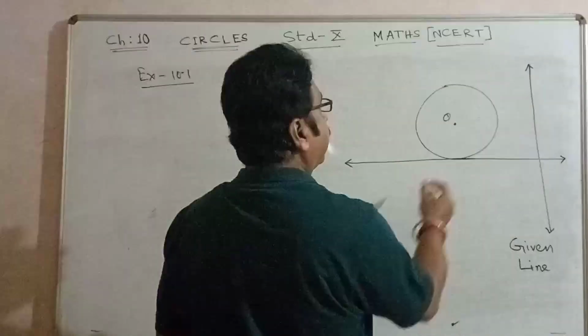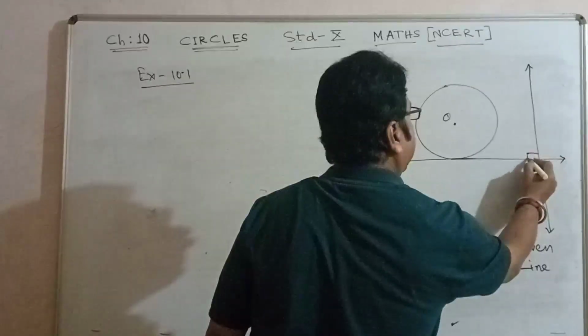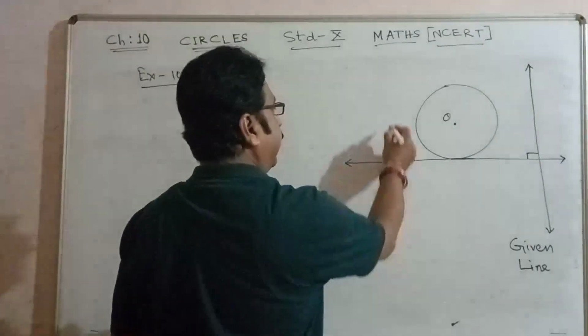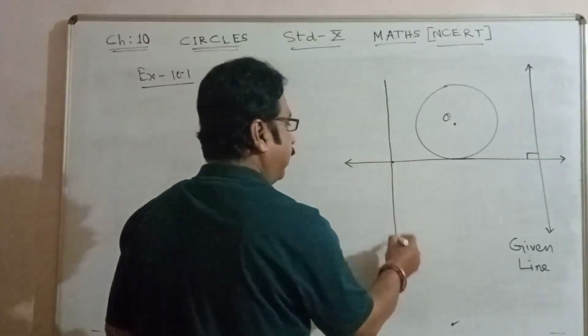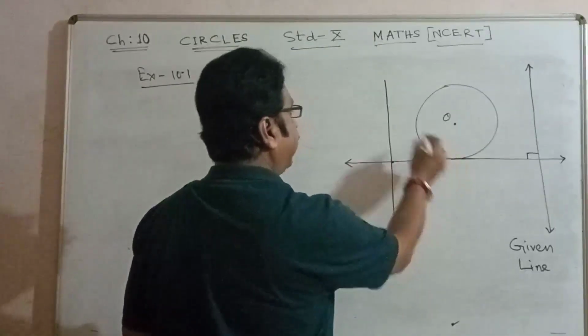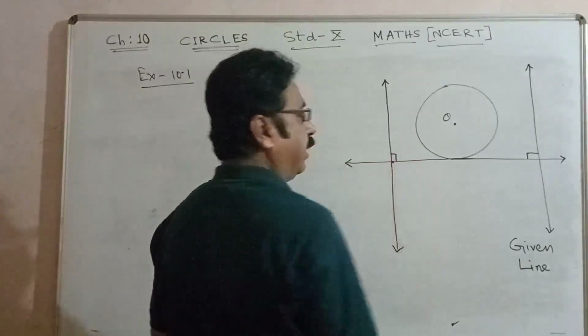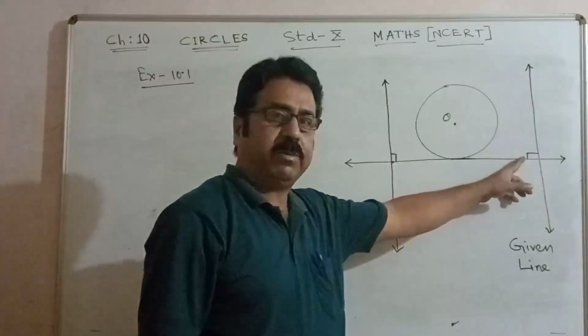One line parallel to this means, if it is 90 degree, we have to draw a line which is perpendicular to this horizontal line, and it also should be 90 degree. Then sum of co-interior angles 90 plus 90 means 180.